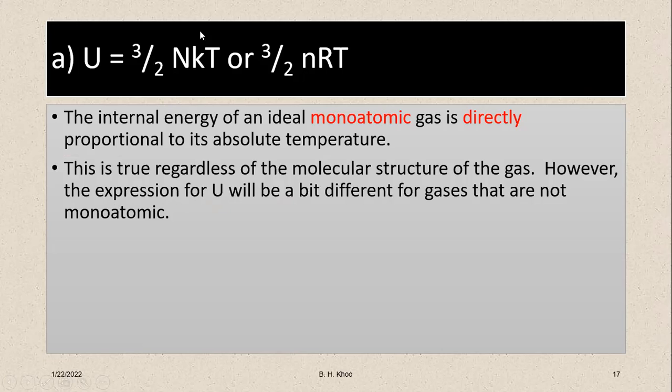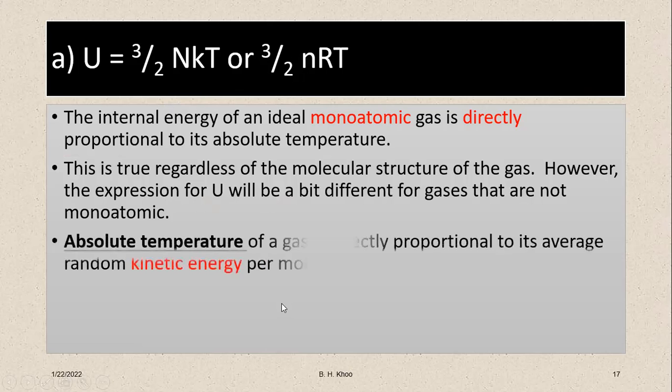That means you have to add the term F into this formula, that's all. Absolute temperature of gas is directly proportional to average kinetic energy. That means we can use absolute temperature as a measure of the kinetic energy per molecule.